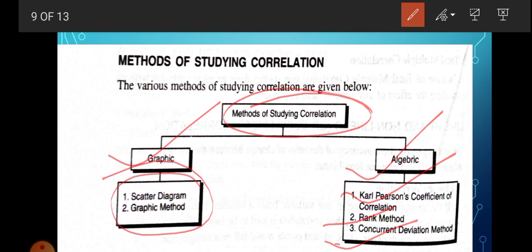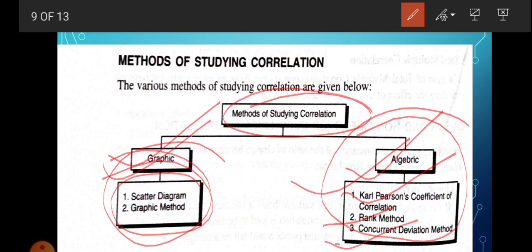We will study the algebraic method more deeply, because this is the more preferred method for finding out correlation. Earlier the graphical method was used, but nowadays no one is using it. The algebraic method is more frequently used in all cases.